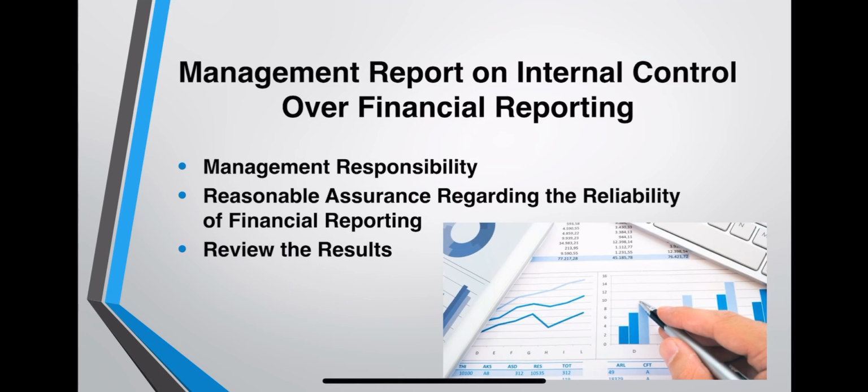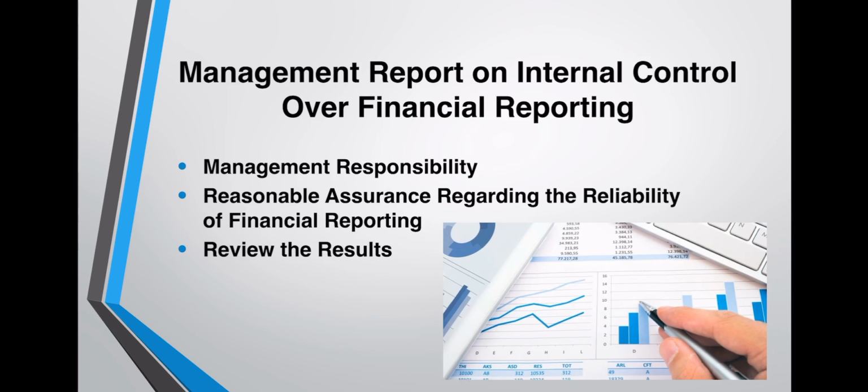So the next one is management report on internal control over financial reporting. The first point is management responsibility. Management is responsible for establishing and maintaining adequate internal control over financial reporting.